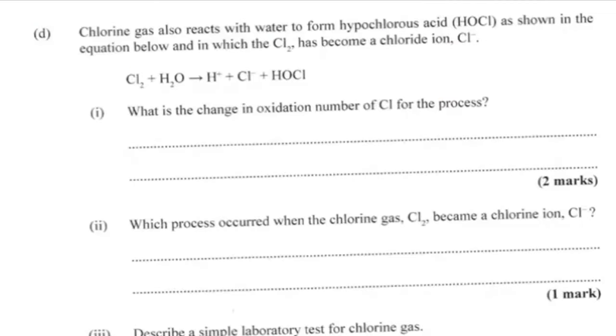All right, so part D. Chlorine gas also reacts with water to form hypochlorous acid, HOCl, as shown in the equation below, and in which the chlorine has become a chloride ion.